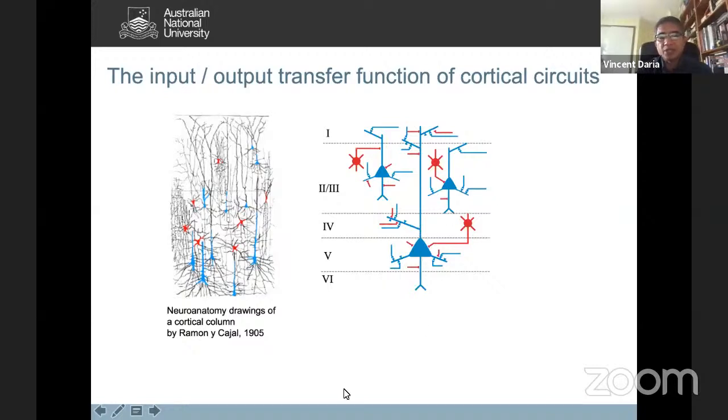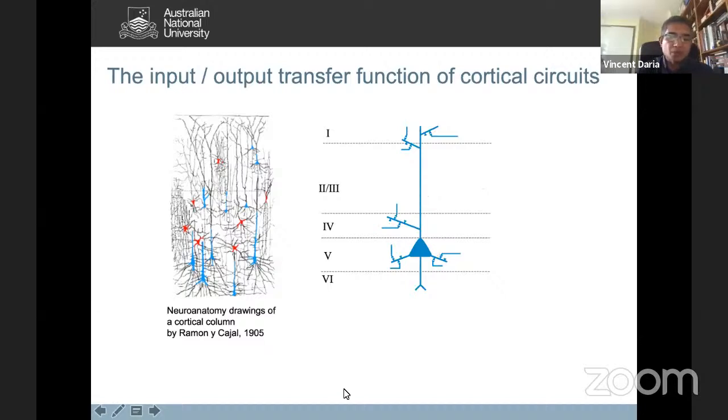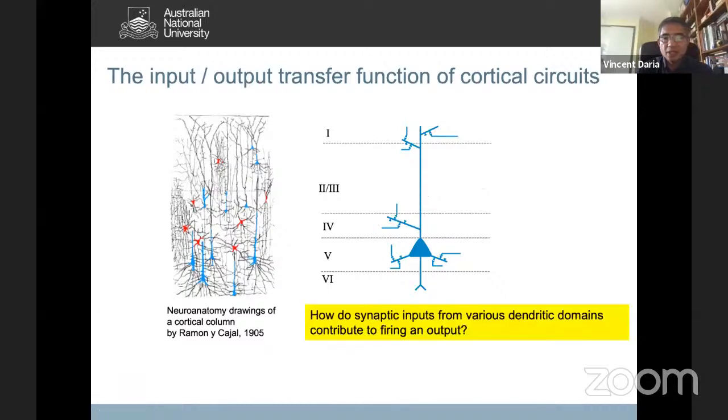So the main question that I'll show you in this talk is to give you an idea of how the synaptic inputs are organized to arrive at an output.